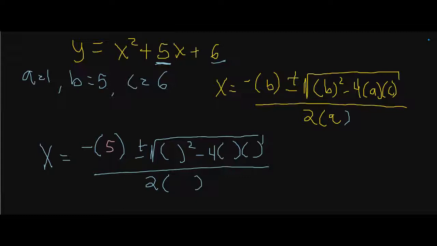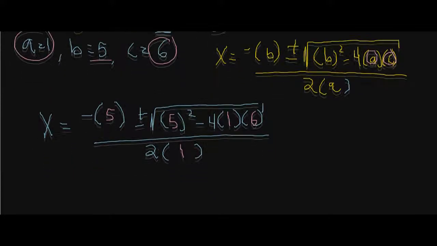Now I just replace it. This is b squared, and b was 5, so I'll put 5 here. Minus 4a, and a is equal to 1, so I'll put 1 here. And then c was equal to 6, so I'll put the 6 here. Now this is all divided by 2 times a, and a was 1, so that's 2 times 1.